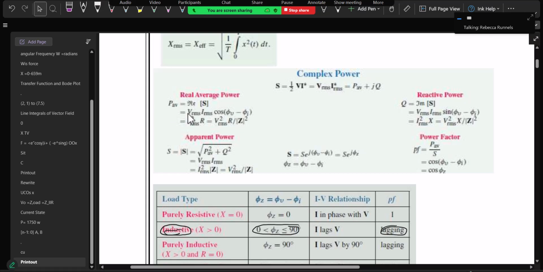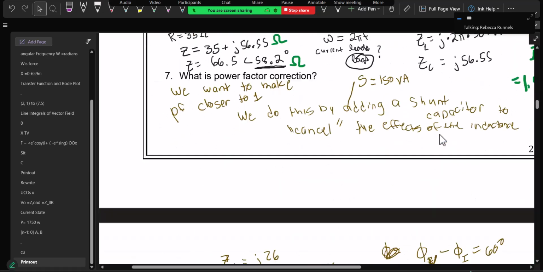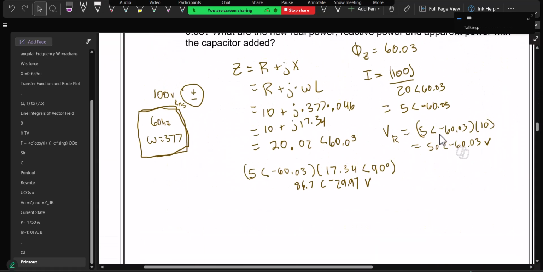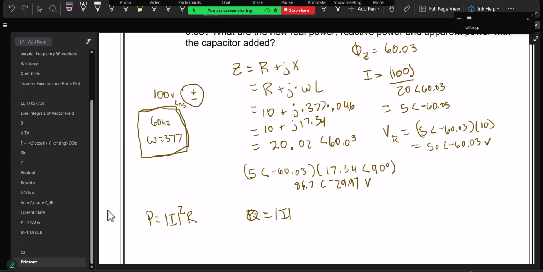Since we have everything, let's just use these easy ones: I squared R and I squared X for P and Q. So our real average power is 5 squared times 10, or 250 watts.